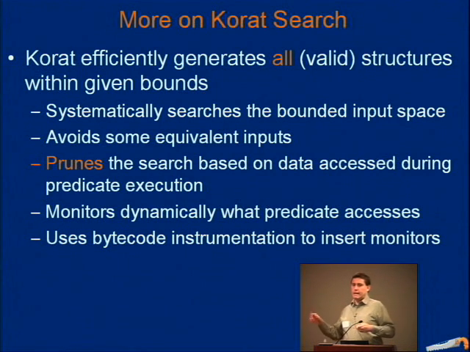So that's the key idea, that you generate one structure, you execute this code on that structure, but while the code is executing, the tool monitors what's happening during that execution. How is this code inspecting this structure? And basically it tries to learn from there what the properties are, and then uses that information to find that a large number of similar structures should not even be explored because this piece of code is still going to return false.